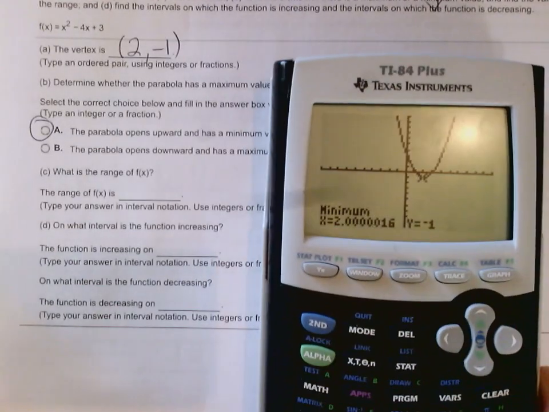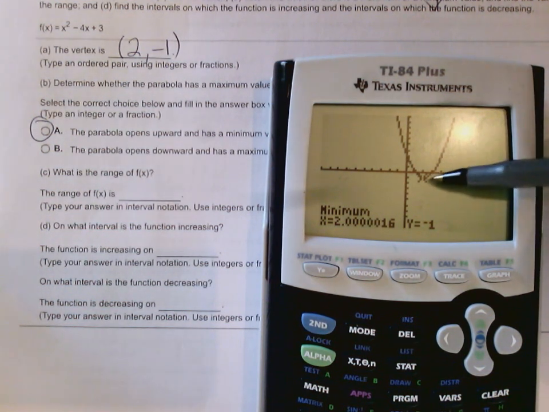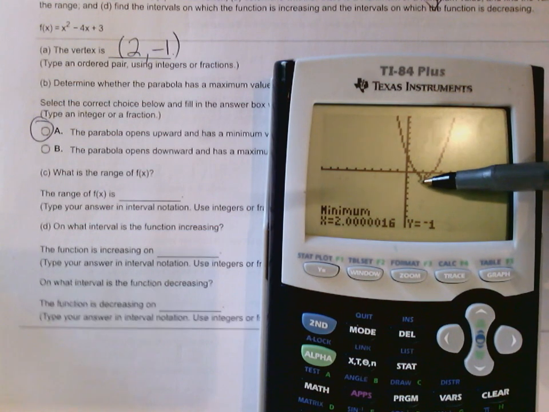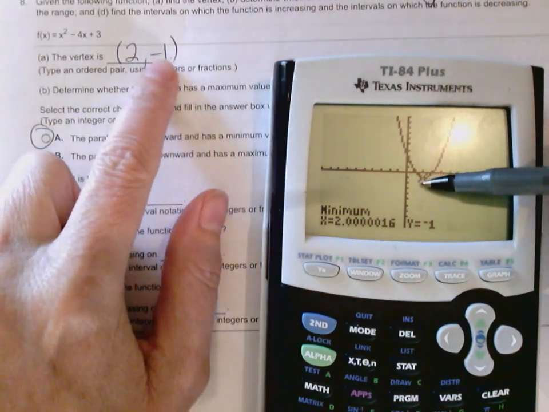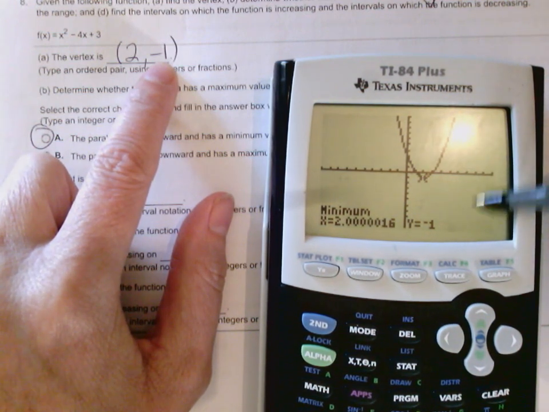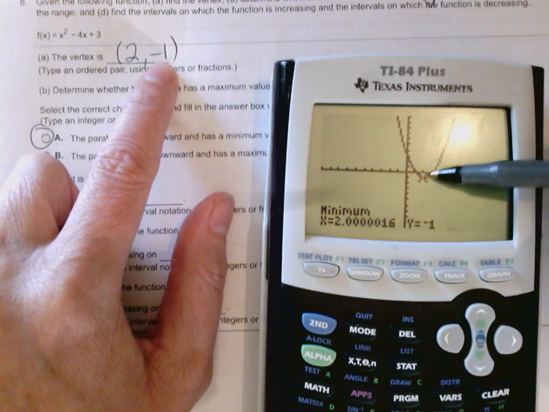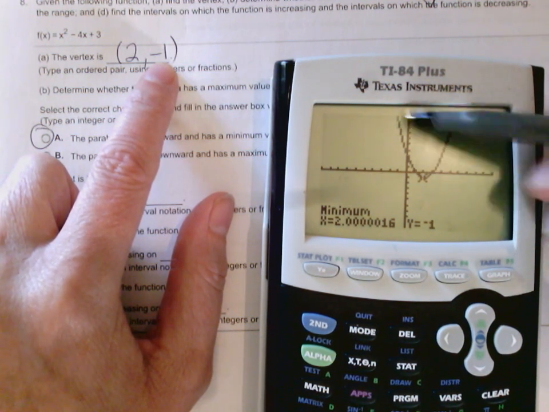Now, here's something new that we haven't done before. It wants to know the range. And when we're talking about the range, we are going to put a bracket around the number. So what is the y value here? The y value is this negative 1. The range, the parabola never goes below this. So there's never any y values that are below negative 1. It continually goes up from there.